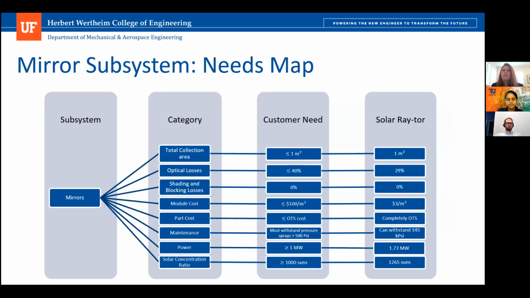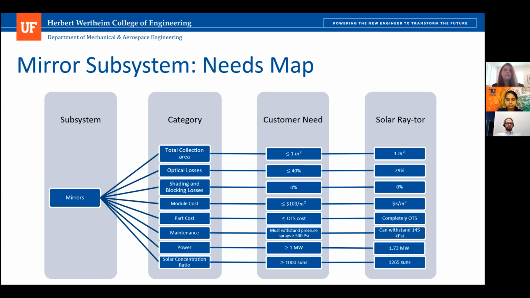The following customer needs were mapped to the mirror subsystem to determine how the solar Ray-tor met them. According to the customer, the total collection area must be at least 1 meter squared. The solar Ray-tor has a 1 meter squared reflective surface. The optical losses due to tracking error must not exceed 40%, and the average yearly optical losses for our design was found to be 29%.